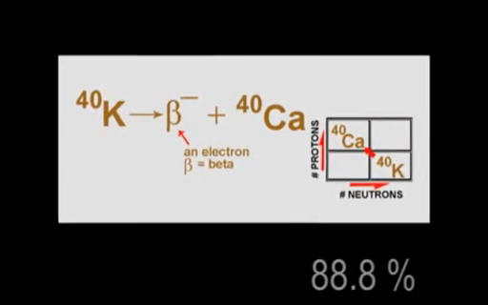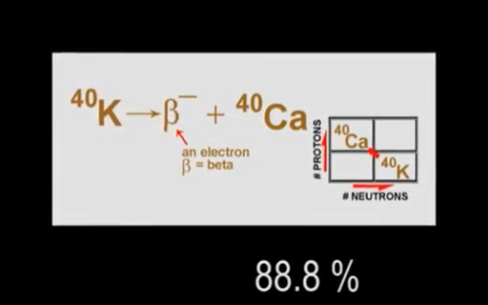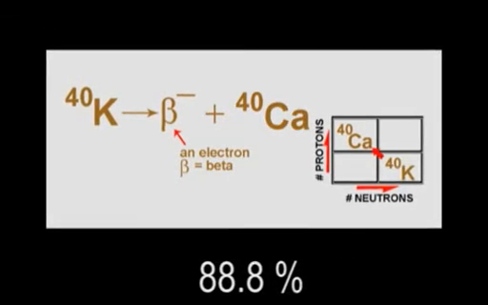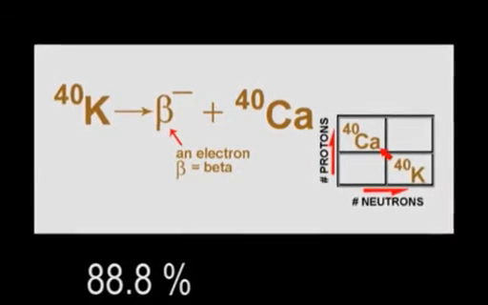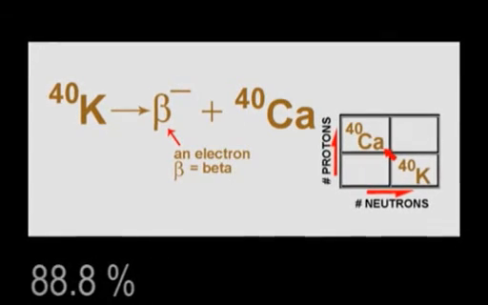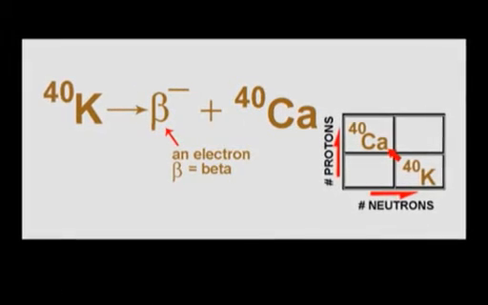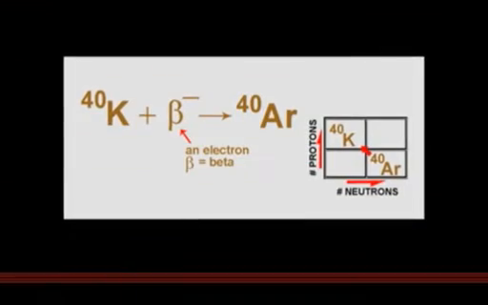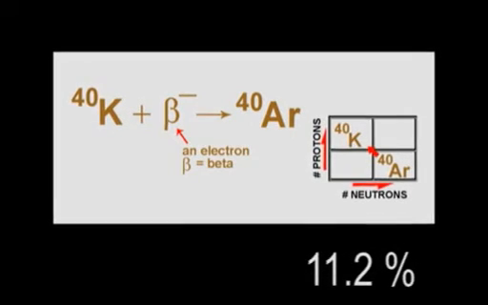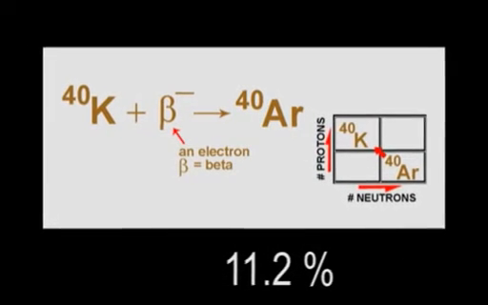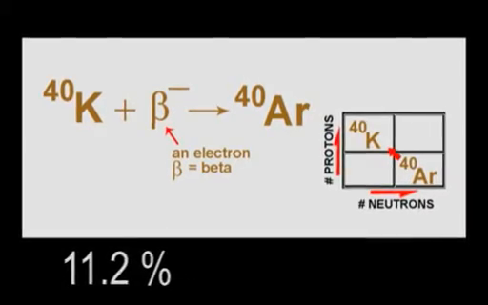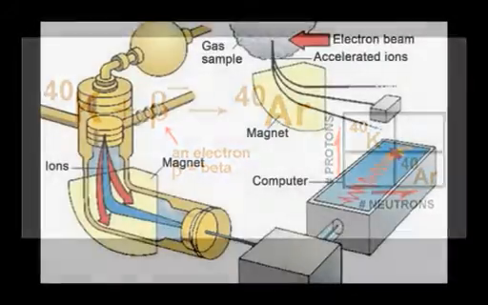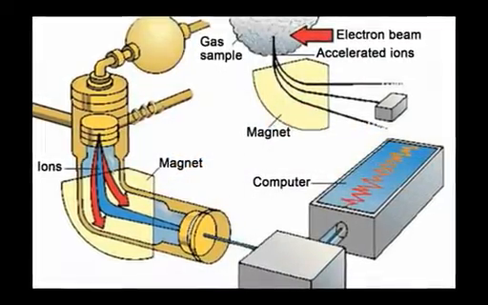It is found that 88.8% of potassium K40 decays to calcium Ca40, that is calcium with mass number 40, by emission of an electron, a beta particle, and 11.2% of potassium 40 decays to argon Ar40 by a process called electron capture.